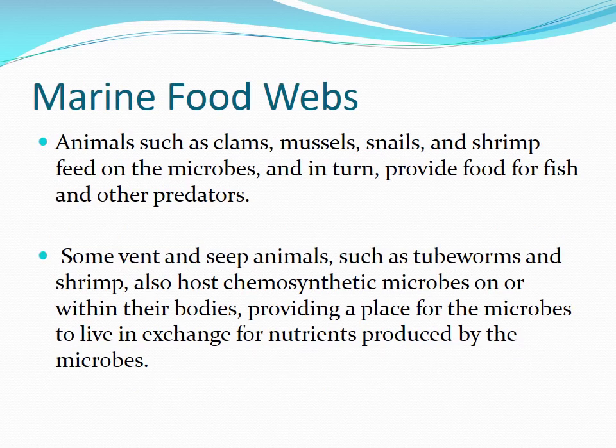Animals such as clams, mussels, snails, and shrimp feed on those microbes, and in turn, they provide food for fish and other predators. Some vent and seep animals, such as tube worms and shrimp, also host microbes because they are chemosynthetic animals.